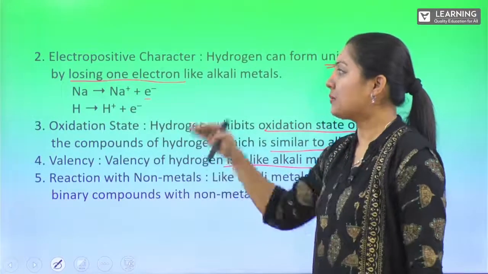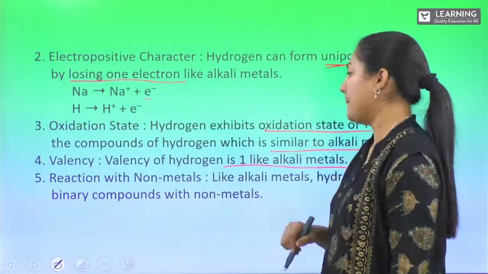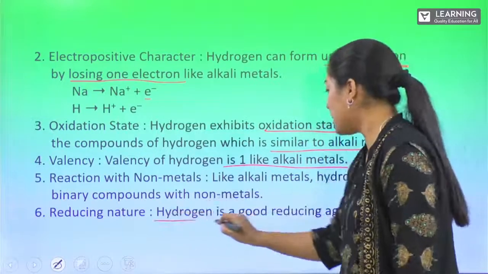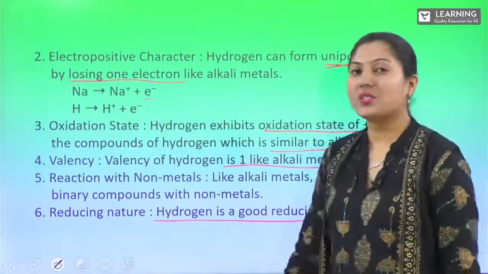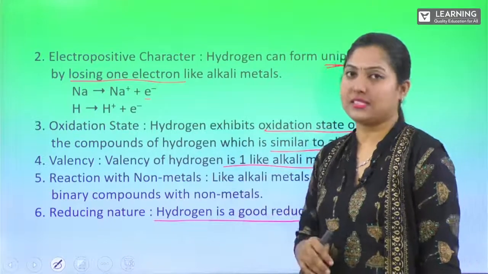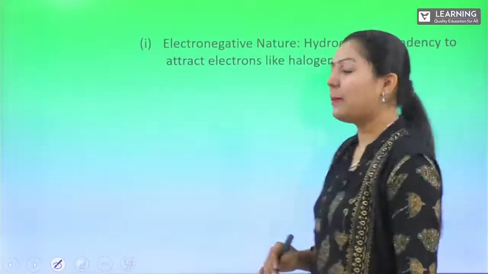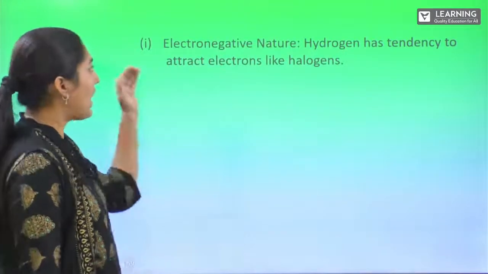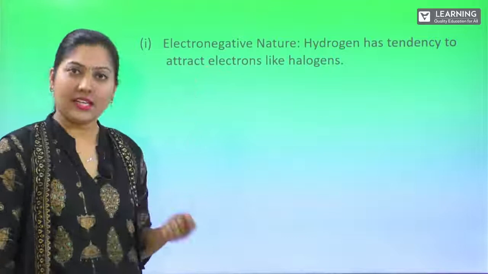So it has the similarity like alkali metals. Reducing nature. Yes, hydrogen is a good reducing agent like alkali metals. So next we'll compare the same thing with the halogens.